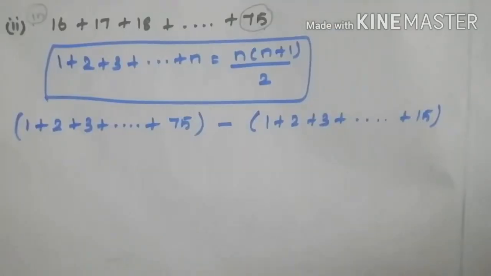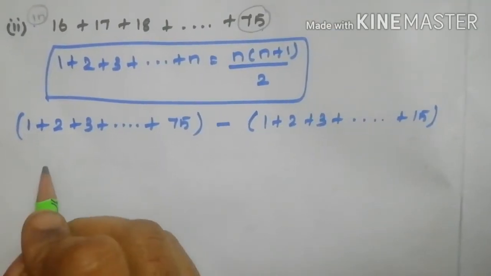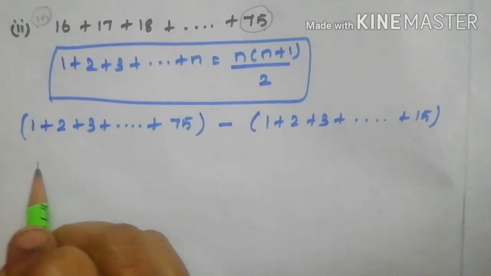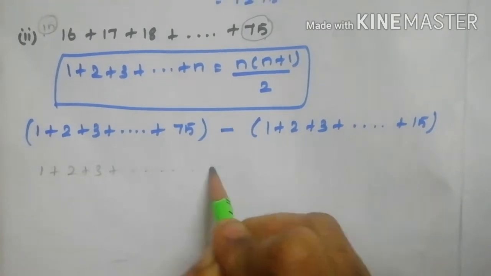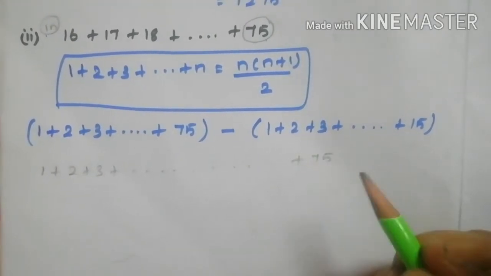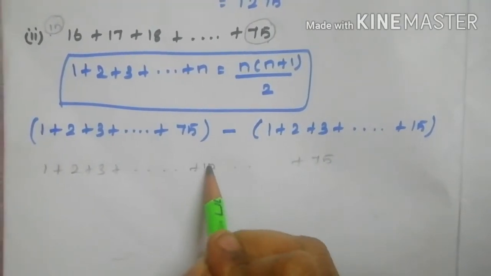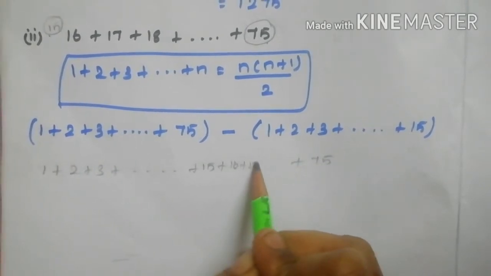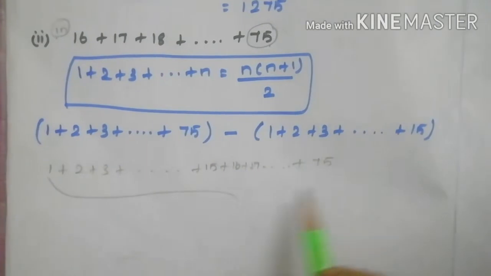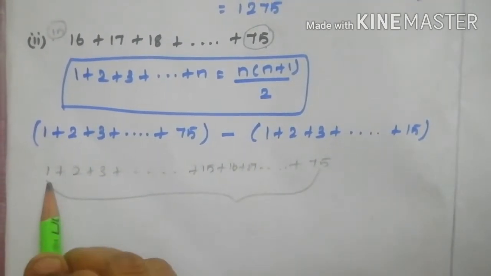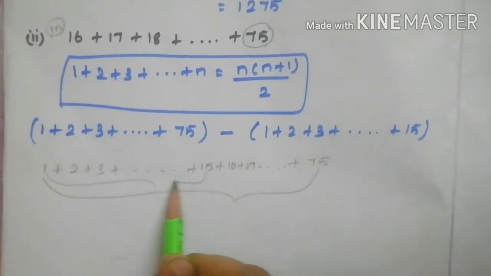Listen, I will explain. Here we take 1 plus 2 plus 3 plus up to 75. In between the numbers there are 15 plus 16 plus 17 and so on. We first find the sum of 1 to 75 and then the sum of 1 to 15.